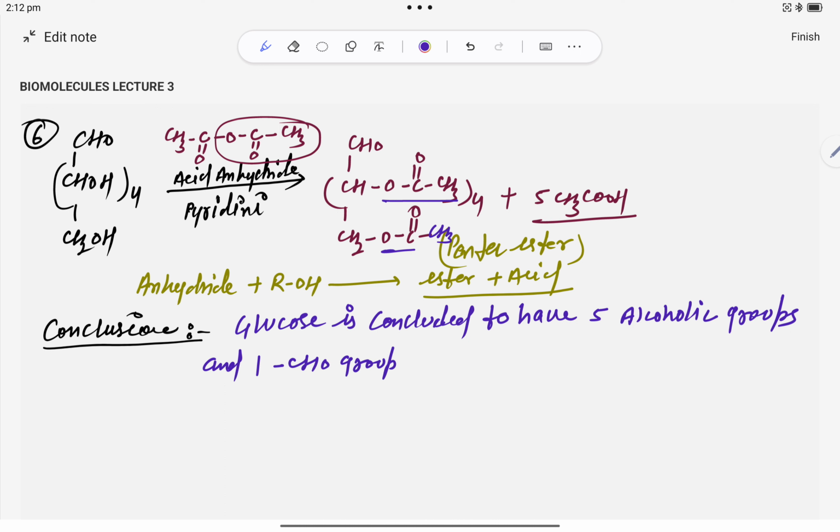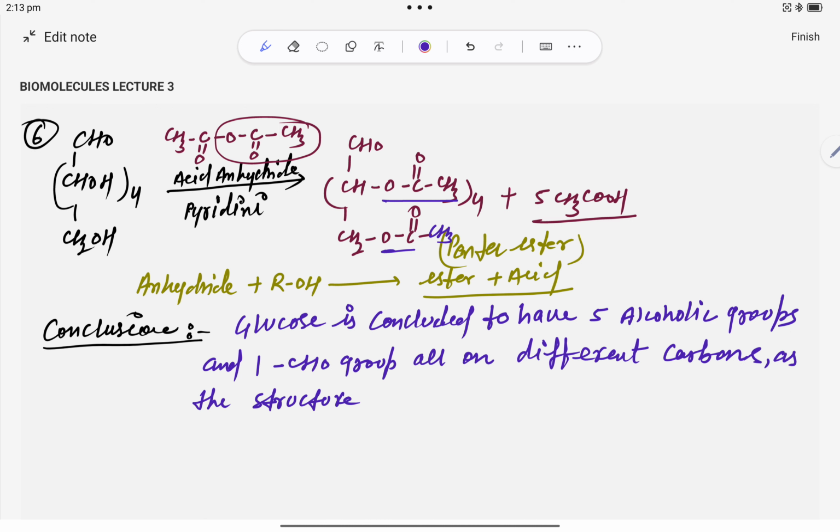In that case, all on different carbons, as the structure is stable. If they are on the same carbon, then it will be difficult.